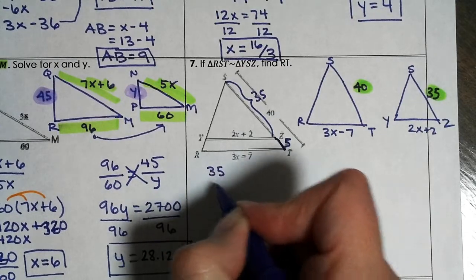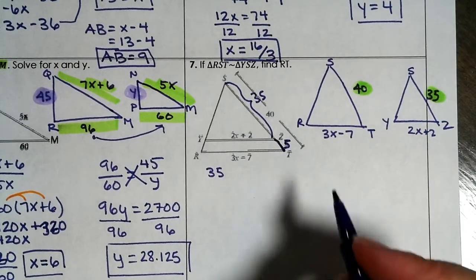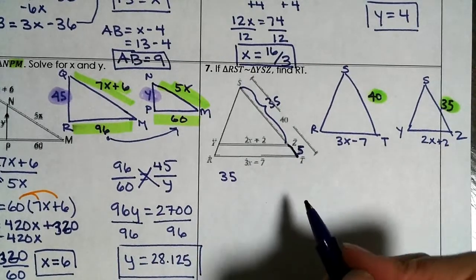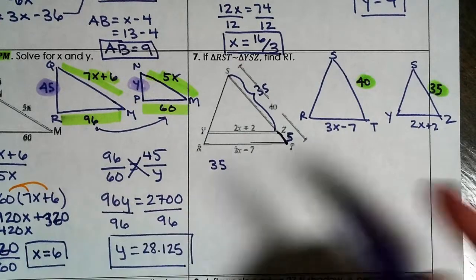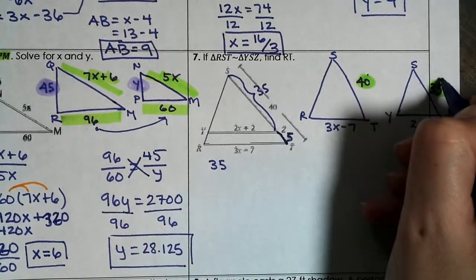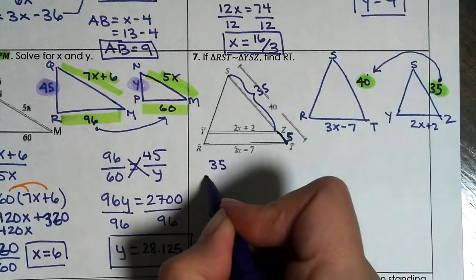So I can say 35. Oops. Okay, so I'm going to continue with what I just did, even though it's not necessarily what I wanted, but I'm going to show you that you can write proportions in different ways. There's not only one correct way to write a proportion, there's multiple ways. So what I wanted to do was 40 over 35, but I wrote 35 first. So I'm going to start here, and I'm going to say 35 over 40.